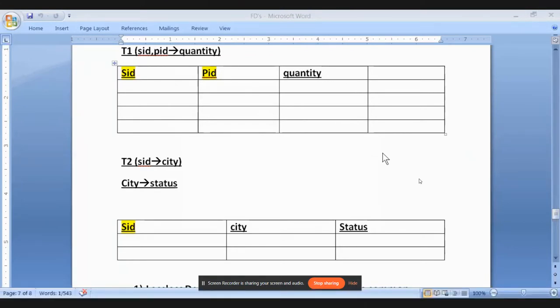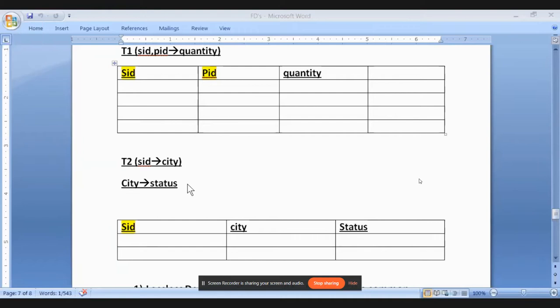Shagun Goel. Yes, ma'am. Tell me whether T2 is in 2NF or not. No, ma'am, it is not in 2NF. T2 is not in 2NF.